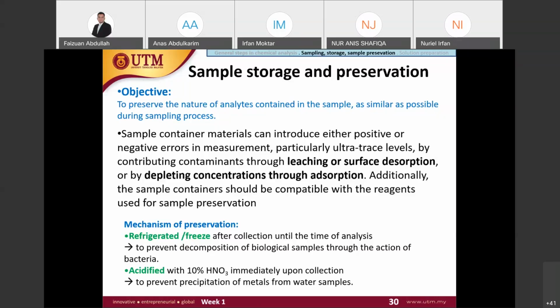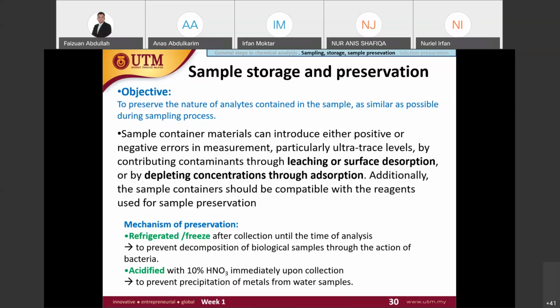Freeze? Okay. Some of the samples we need to freeze, or we need to refrigerate. We need to put in a low temperature surrounding after collection until the time of the analysis. Okay, until the time that we need to analyze a sample, then we collect out the sample and analyze. But before that, we have to freeze, or we have to refrigerate the sample, all right, to prevent decomposition of biological sample.